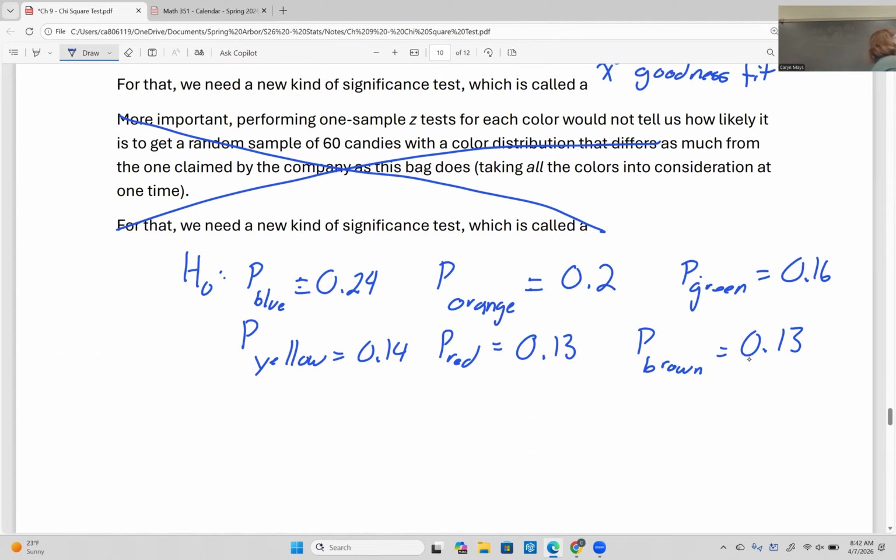What I'm trying to draw home is the z-test would just test one of these. This goodness of fit is testing all of them at once, saying, hey, this distribution is likely or this distribution is not likely. And so the alternative would just be that at least one of these proportions is different than claimed.